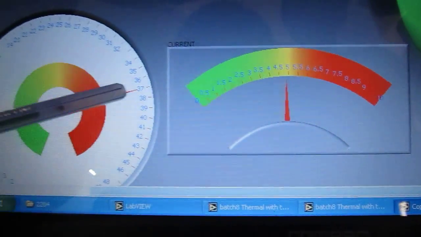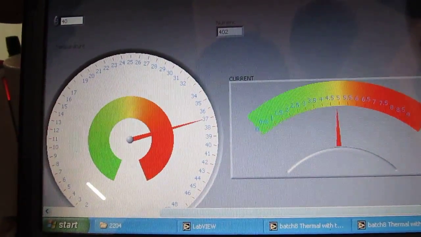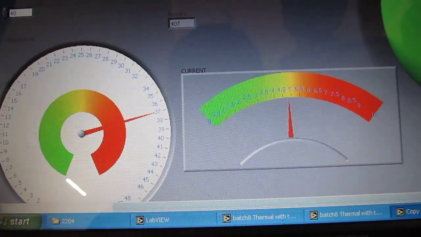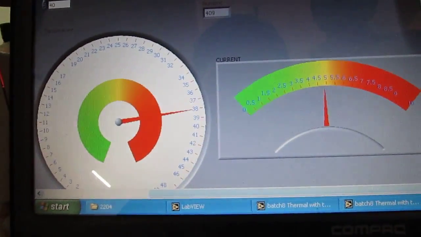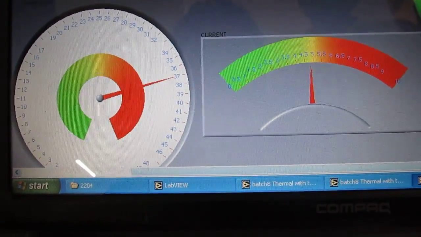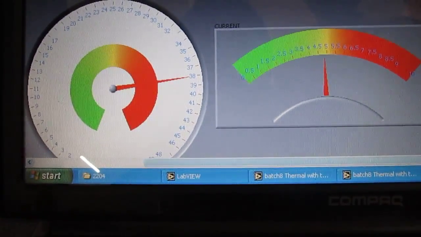Yes, now the operating temperature is 37, very close to 40, but it takes time to rise to 40 degrees centigrade. Yes, it is now 38.